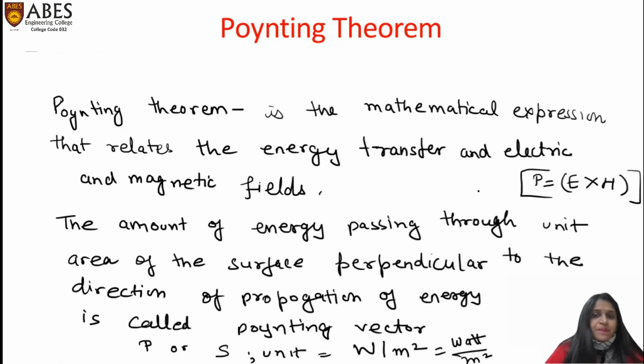Now, Poynting theorem is what we study in electromagnetic field theory; again, I repeat, it is about the traveling of EM waves. Poynting theorem is the mathematical expression that relates energy transfer in space and electric and magnetic fields. And in Poynting theorem we will also see the Poynting vector, which is the product of electric field intensity and magnetic field intensity, a measure of the rate of flow of energy at that point in EM waves, with the unit watt per meter square.